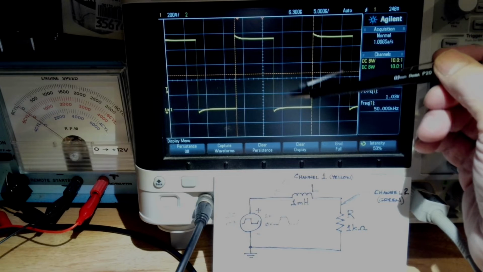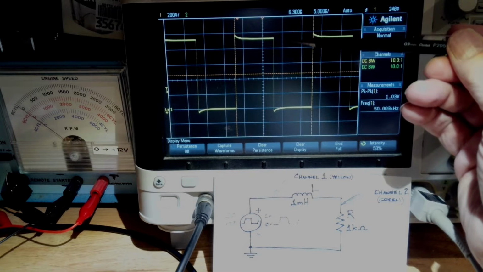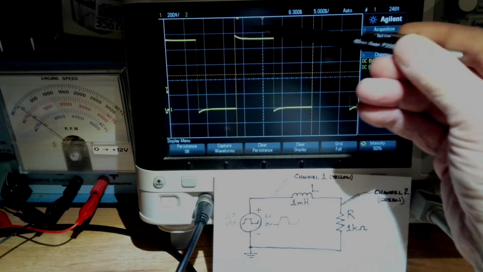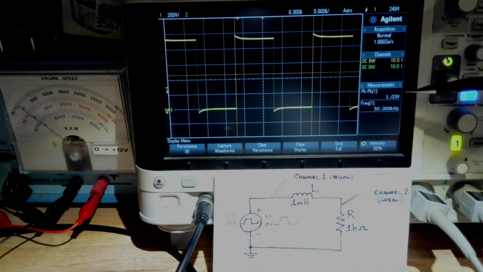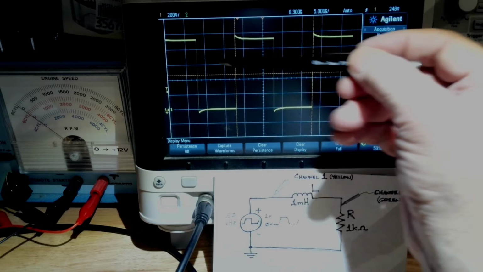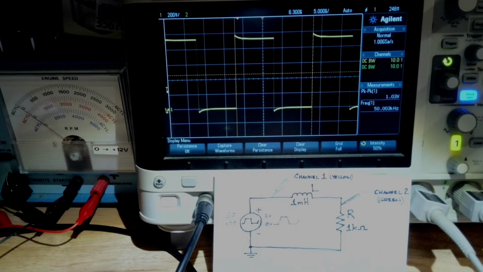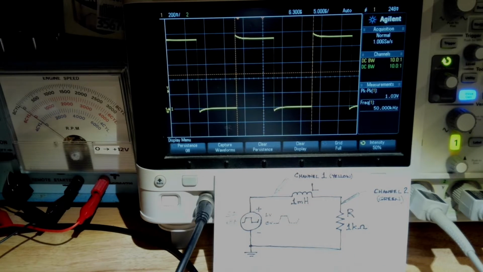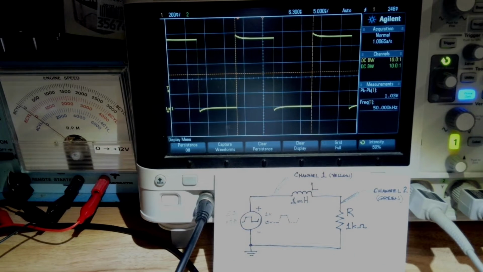So height-wise, it's 1, 2, 3, 4, almost 5, and so this is 5 times 1/5 of a volt, 200 millivolts per division on the yellow. So this is our square wave, or close to it. All right, and that's being measured.